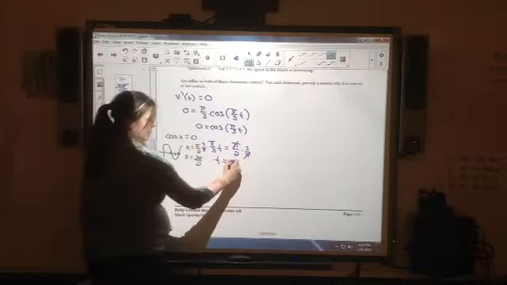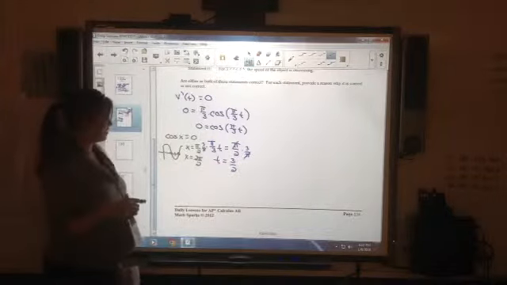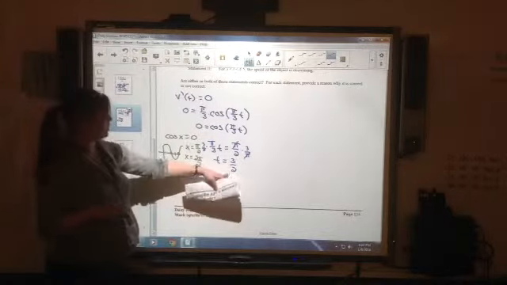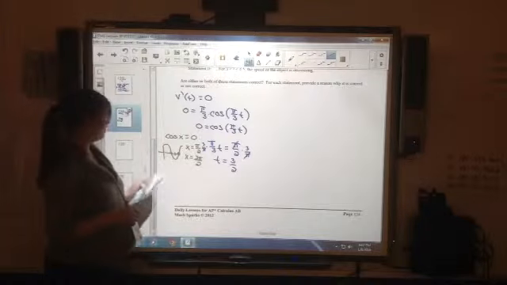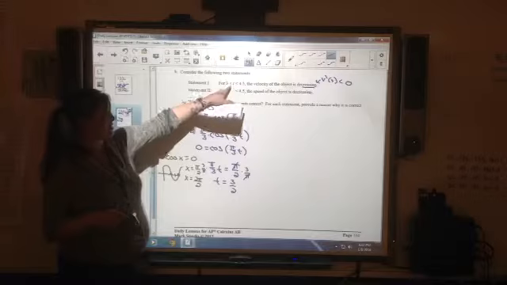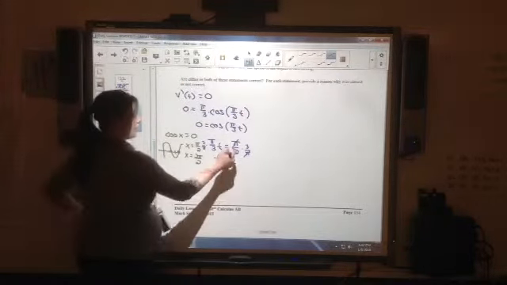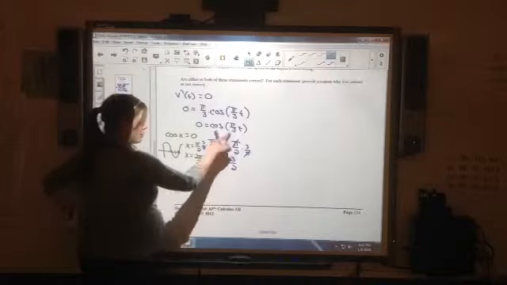That goes away, and I get 3 over 2. So right now, I know v prime of t is equal to 0 at 3 over 2, which is not in this interval, since this is only talking about from 3 to 4.5, so I don't really care about it. Maybe the next one will be more valuable.